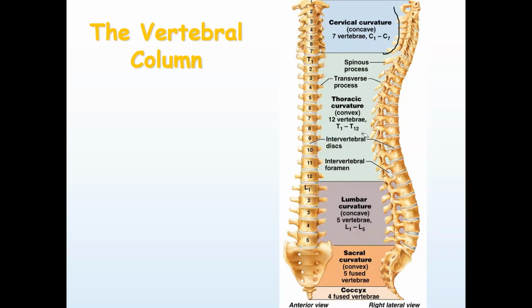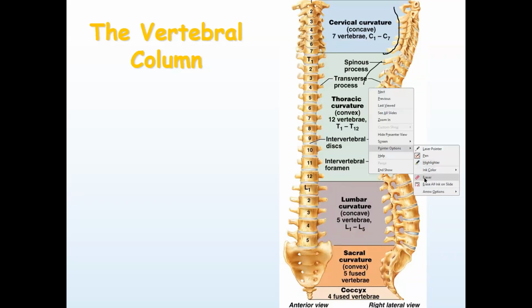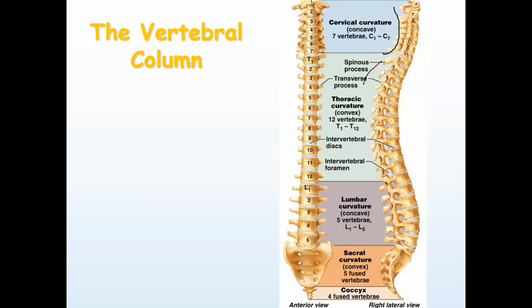So remember, the first part of the vertebral column has a concave curve. The second part, which is here, instead carries a convex curve. We're going to talk about the curving in a little bit, right?